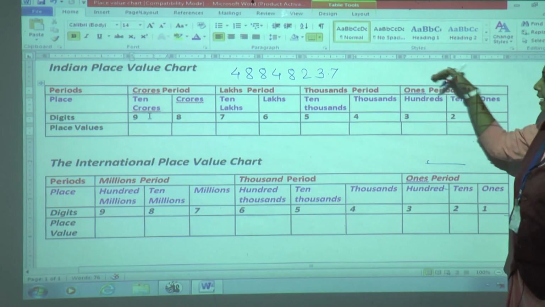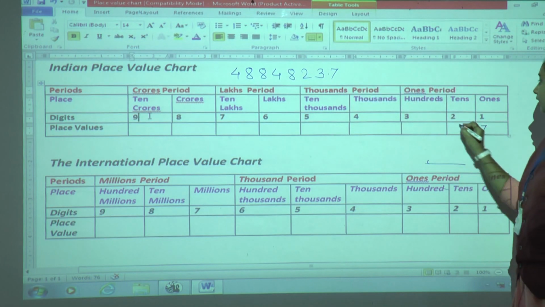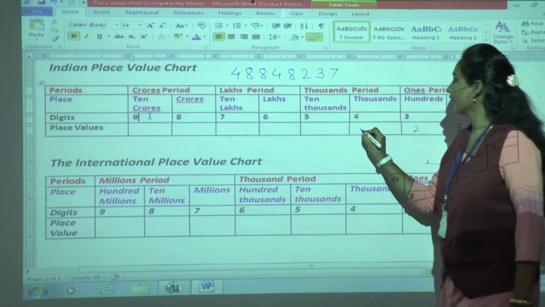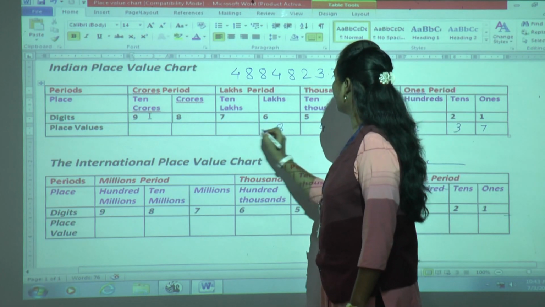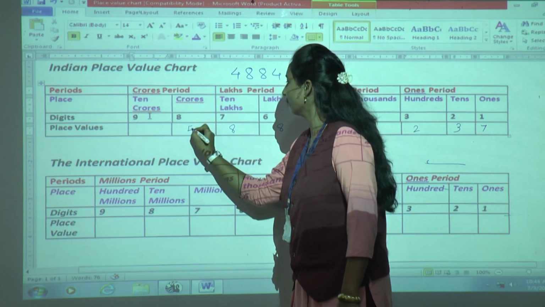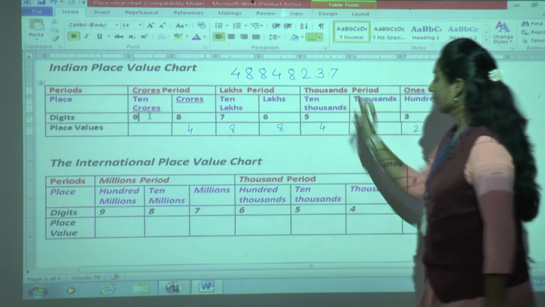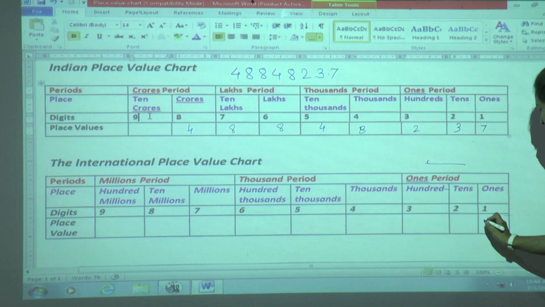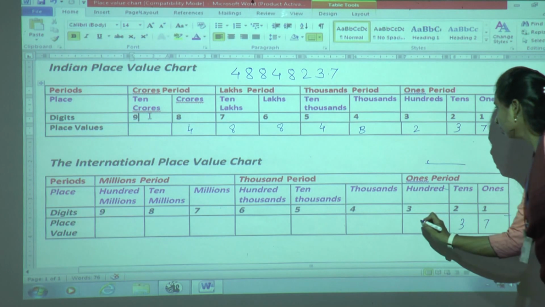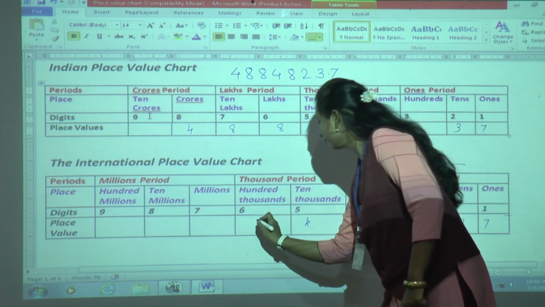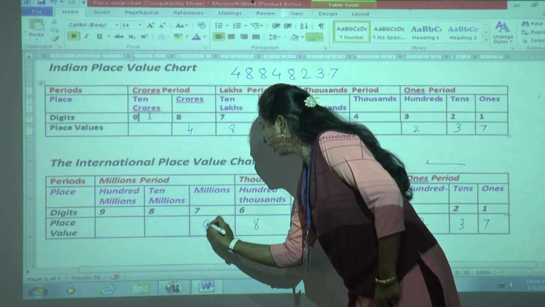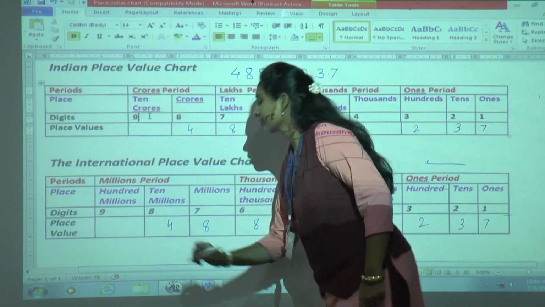Start from the right side: 7, 3, 2, 8, 4, 8, 8, 4. The same number I will place here also.